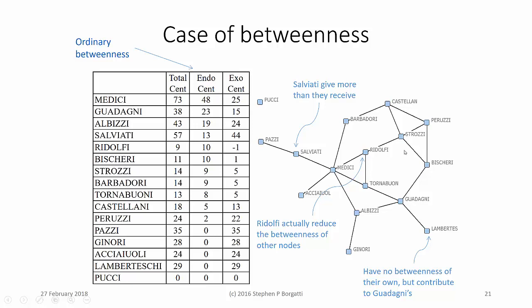By existing, they take away centrality from other people. And that's because they're located in such a way that they become the shortest path. So somebody who might have needed to go around, say from here all the way through Barbadori to get to the Medici, no longer has to do that because they can go through Ridolfi. So removing Ridolfi takes away Barbadori's and Castellani's betweenness.